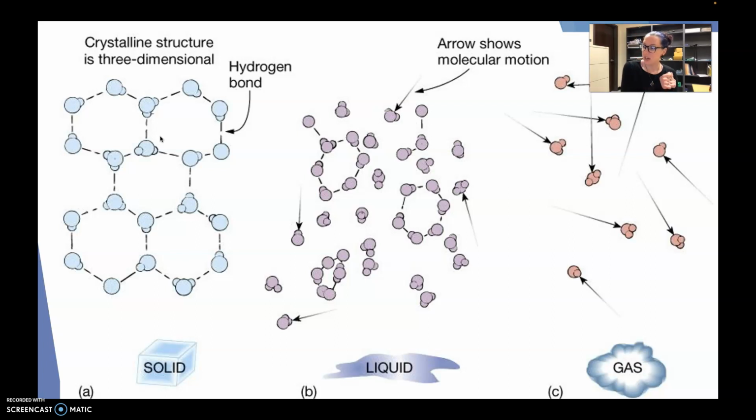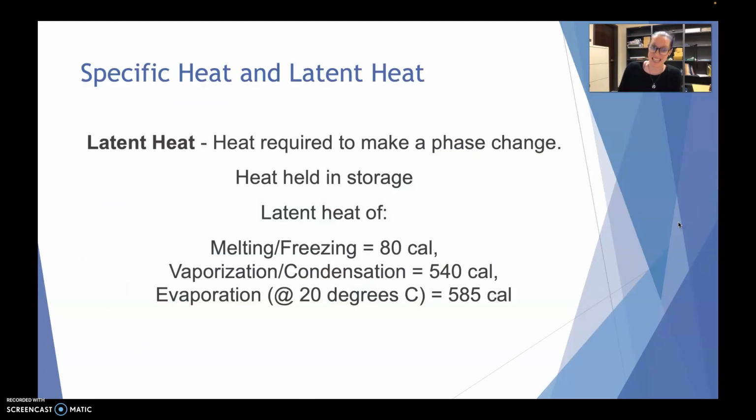And then when we're considering how much energy it takes to go from one state to another, there are a couple of terms here that we're going to introduce, and they're similar to a point, but they have some differences. This first term is called latent heat.